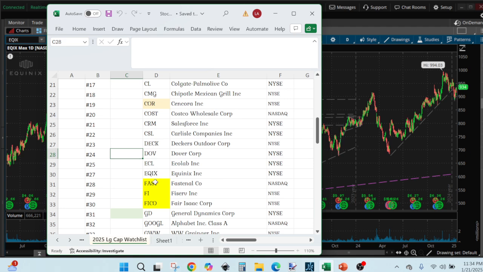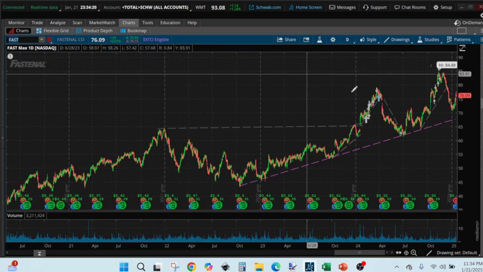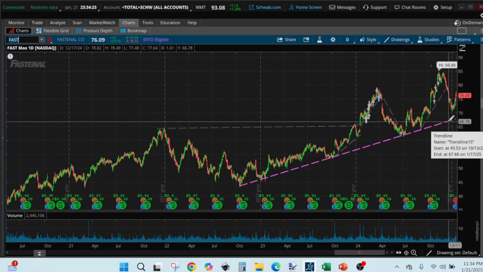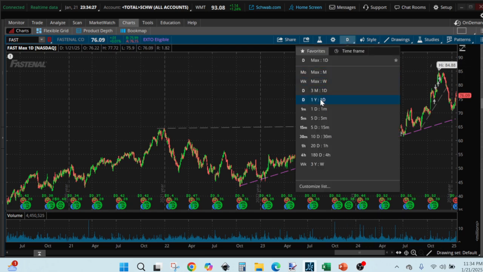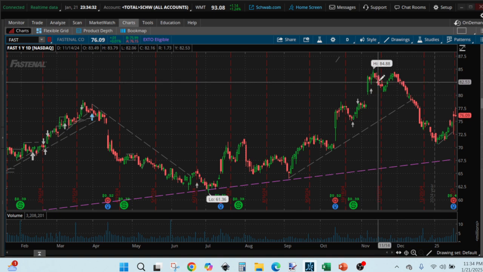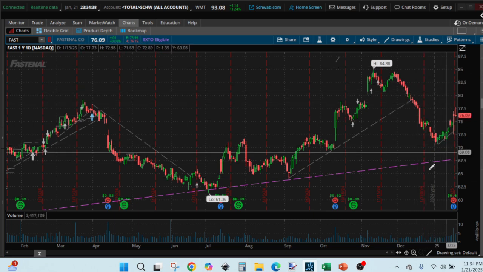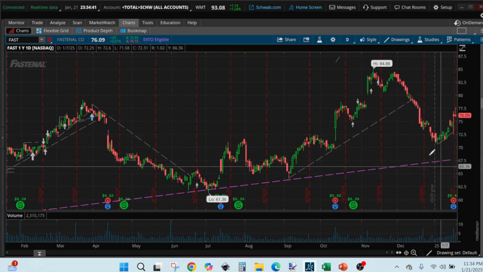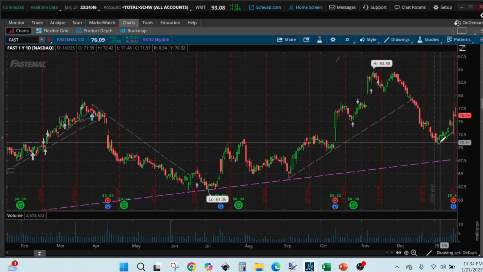The next one is FAST, and we have FAST in our portfolio. We have not sold it yet, and the trend line that we like to buy, the long trend line, is there. If we go to the maximum 1 year daily chart, we can show the arrow that is pointing at the price bar that we bought it at, and that trend line ended and it went down to close to this trend line that we traced, but didn't touch base before it started going up.